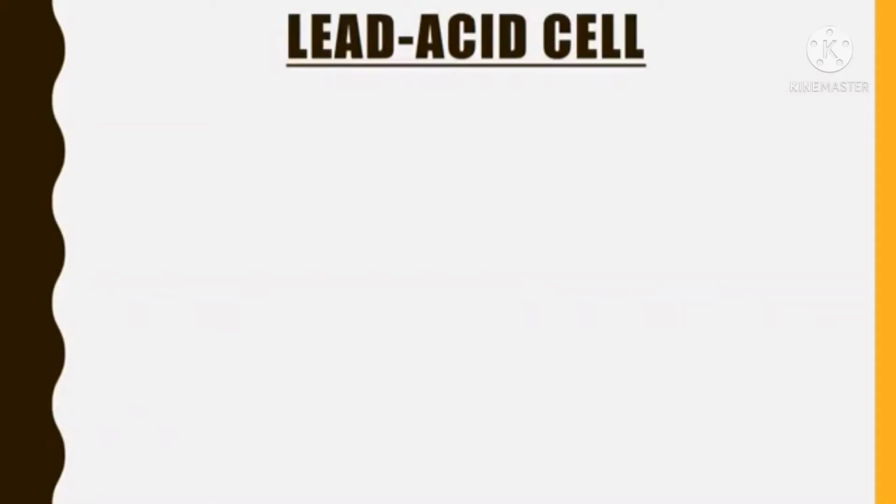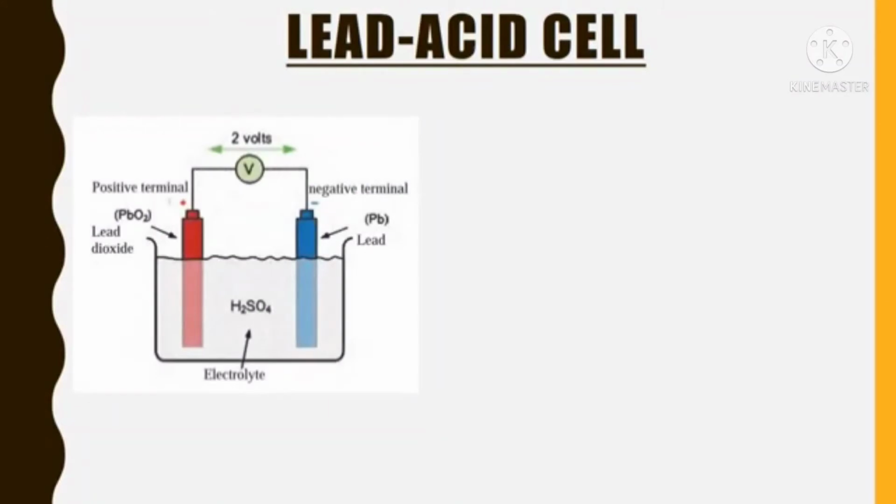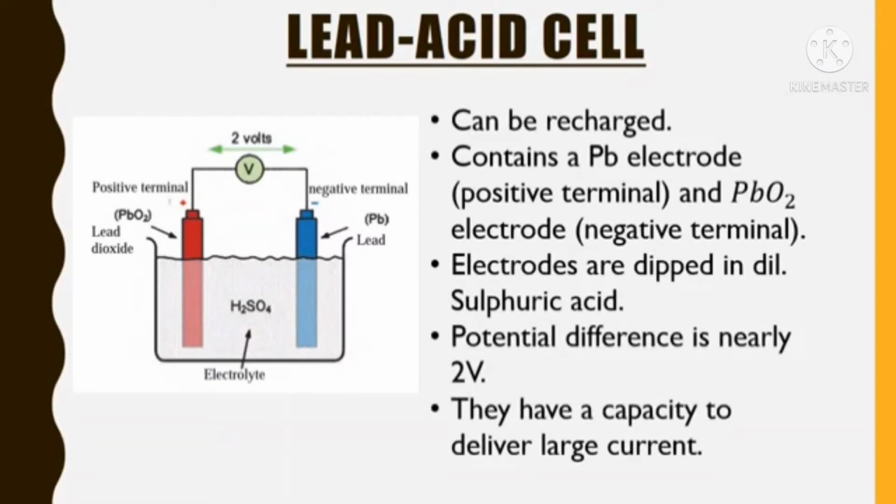Now we are going to learn about the lead acid cell. The diagram is given in your textbook, as we can see on your screen. There are two electrodes. First we are going to learn about the characteristics of the lead acid cell. The lead acid cell can be recharged.